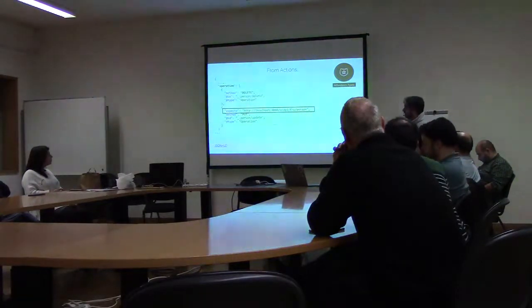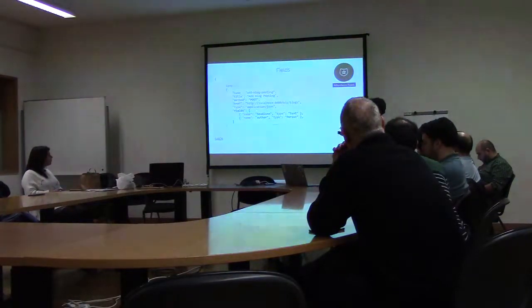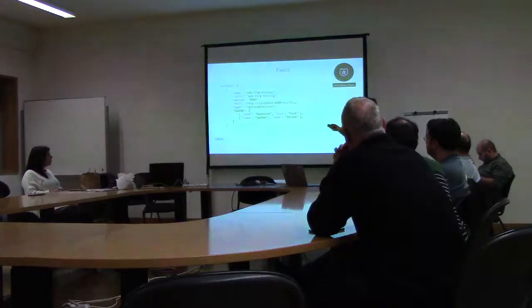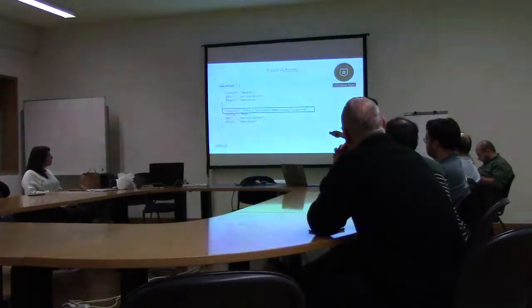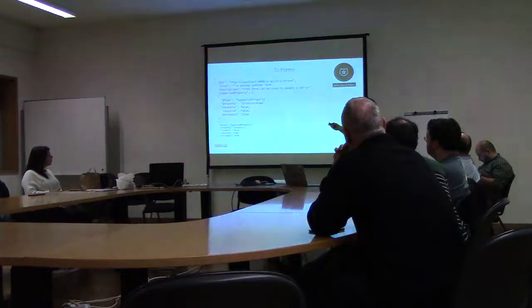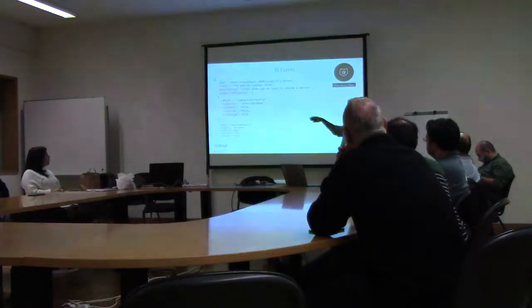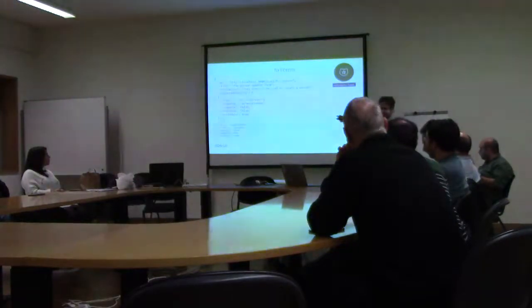For example, instead of specifying all the fields that you should send on a post to add a new blog posting, maybe I can use something called forms, which basically refers to another resource which specifies, on this URL, the structure of the form that you should draw on the screen. It's a lot of information.